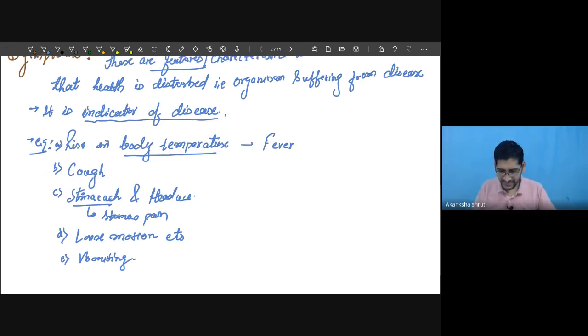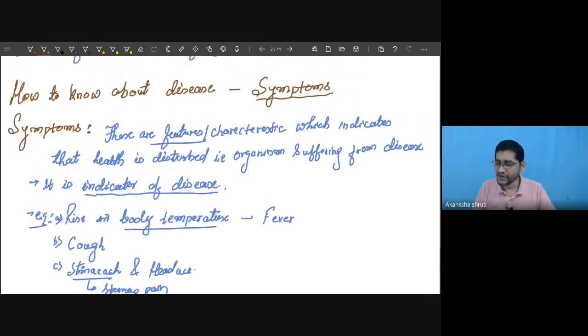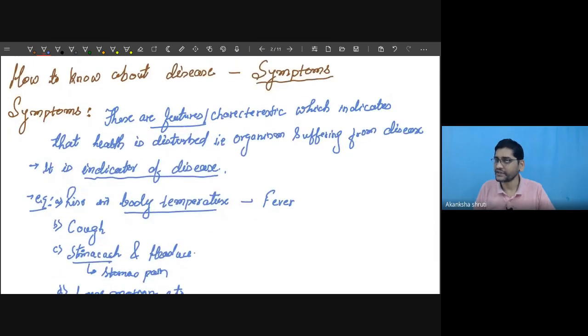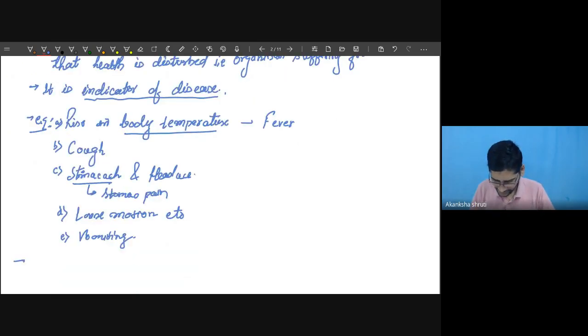So students, what are these symptoms? Symptoms may be common for more than one kind of disease, and the particular disease is identified or pinpointed by pathological tests. That is important.